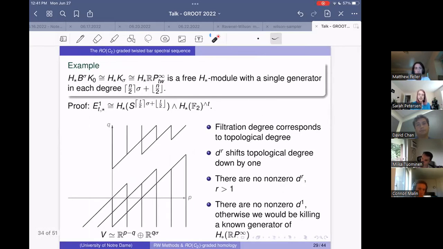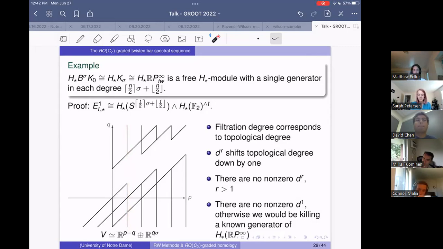And then considering the case of if we had a d1 differential that hit this possible generator, that would kill off this entire double cone. So that would be gone, and we would have no more generator left in degree 1, which would kill off a generator of the underlying homology of RP infinity. So we'd arrive at a contradiction.